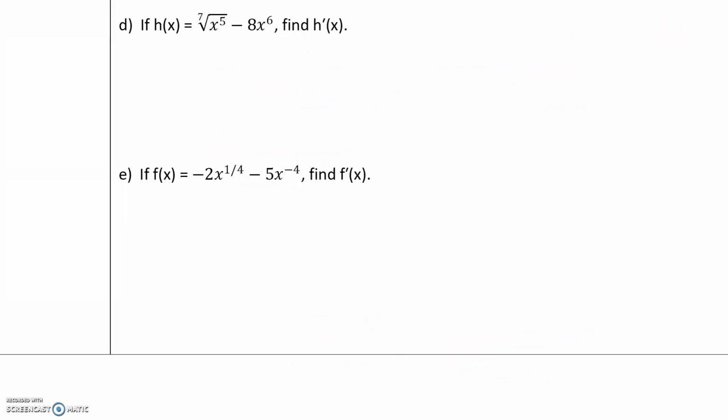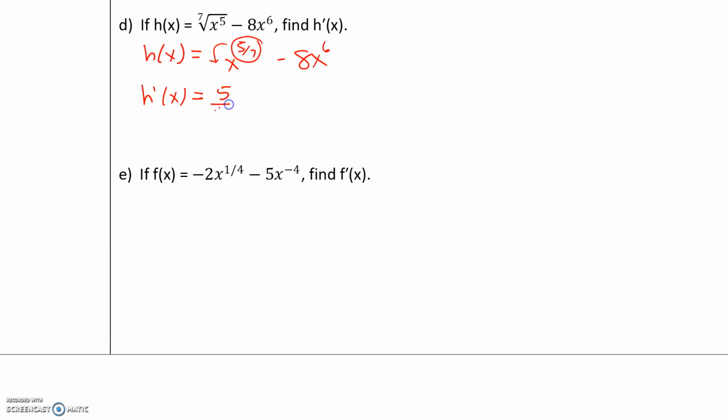All right, let's do one more, and then I'm going to have you do the next one on your own. So I'm going to rewrite h of x using only rational exponents. So this should be x to the 5 over 7 minus 8x to the sixth. And we want to find h prime of x. So the 5 over 7 is going to come to the front.